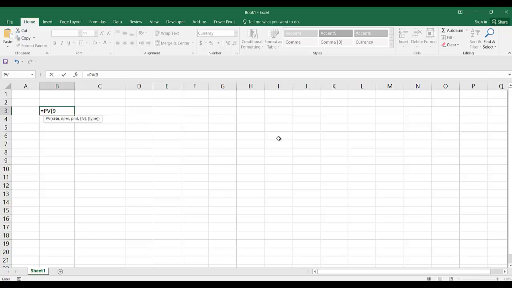We're talking about a 9% rate for a period of 5 years with no payments, because we're just going to let it sit there, and the future value is $15,000. The present value is $9,748 if I just receive the $15,000 at the end of the 5 years.